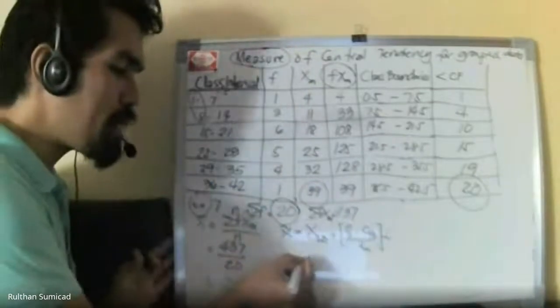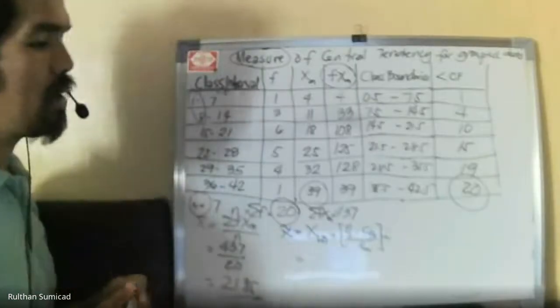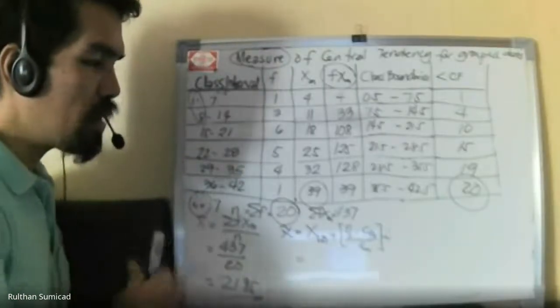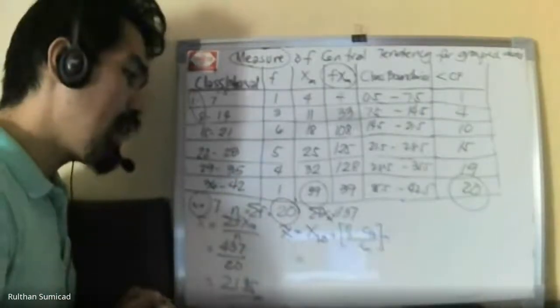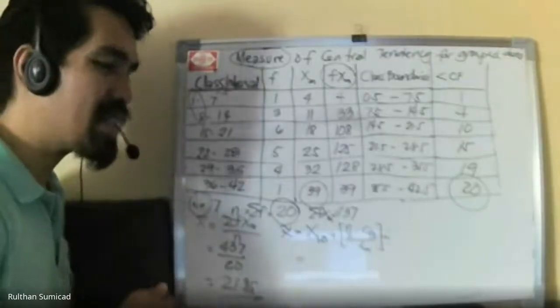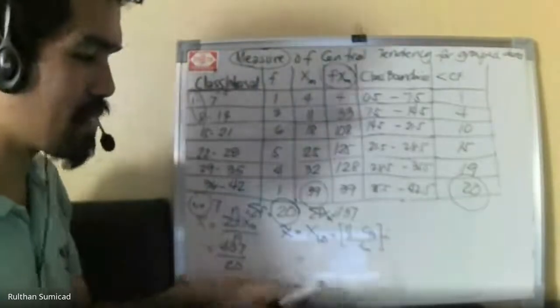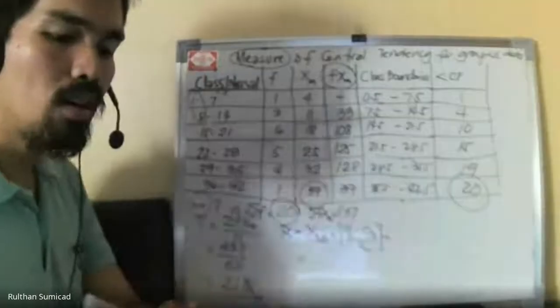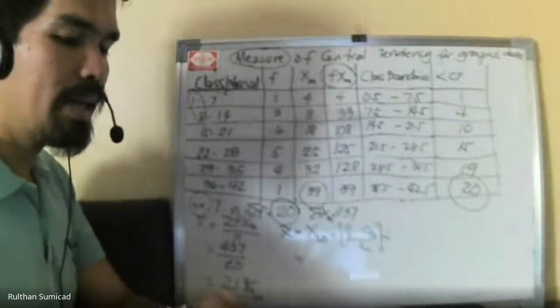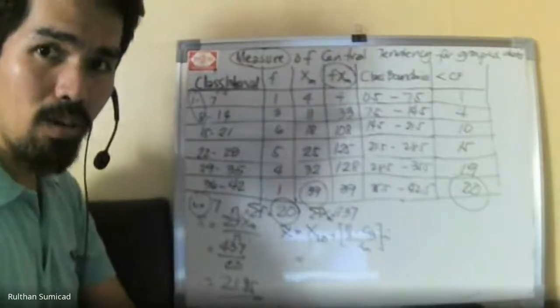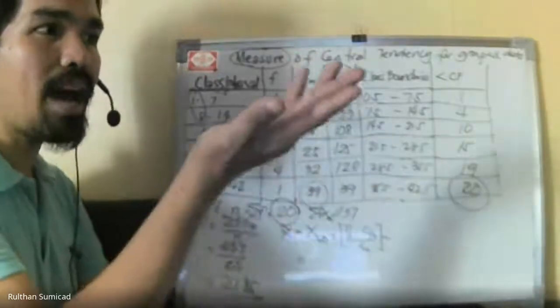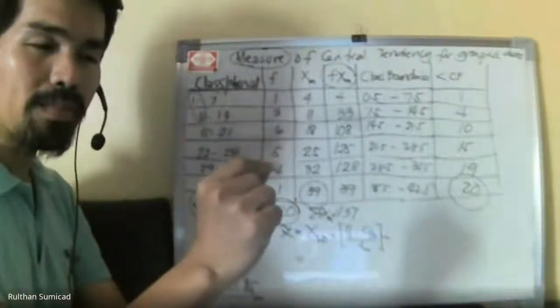Okay, so from here, you notice there are subscripts here. We have LB, you have m, you have here f b. Now, what is needed here is the so-called median class. What is median class? It is the class interval containing the median value. Remember, median is the middle score.